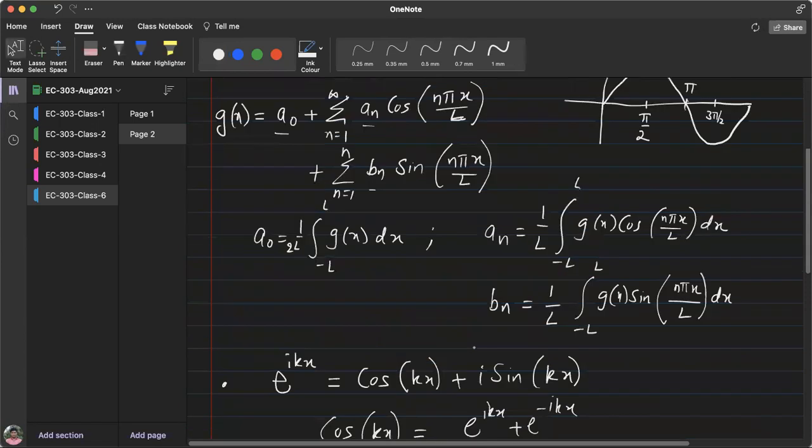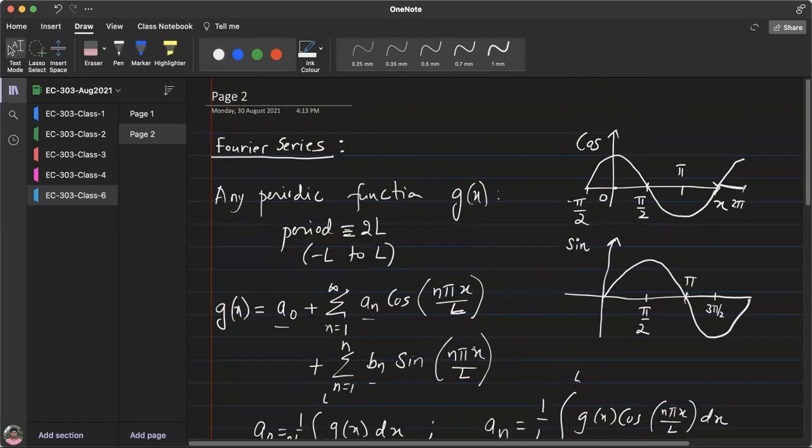So any questions on Fourier series? Broad questions. You don't have to worry about the mathematical details. Any broad questions on the concept of Fourier series?